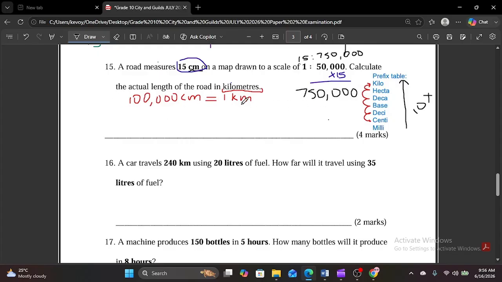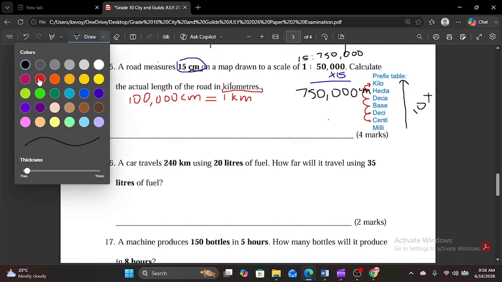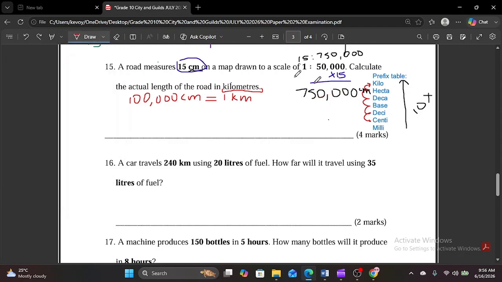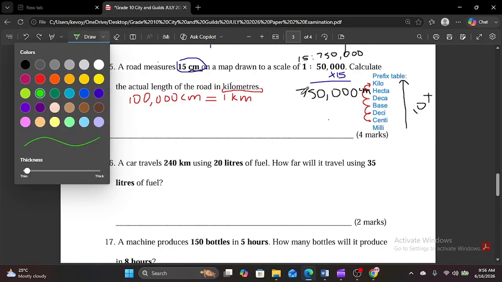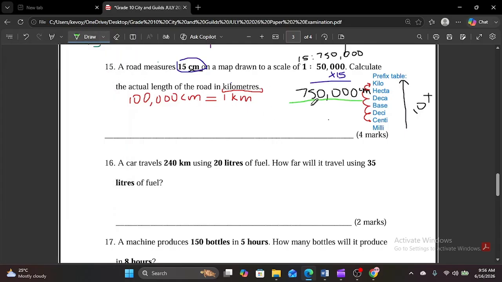In order to convert, since we know that 100,000 centimeters give you a kilometer, we just divide the 750,000 centimeters by 100,000, since 100,000 centimeters will give you 1 kilometer.